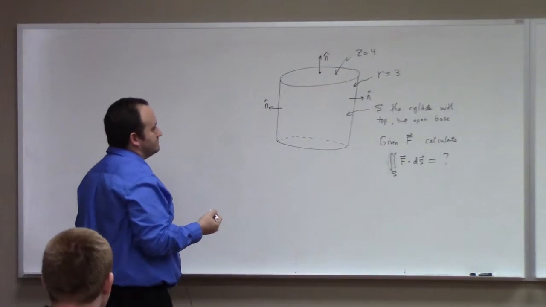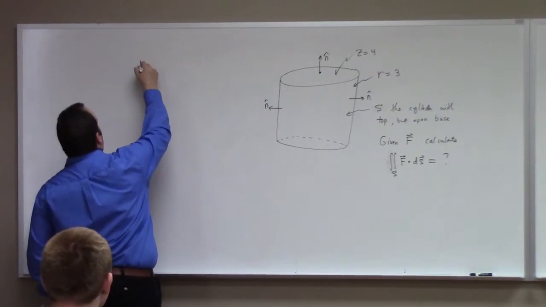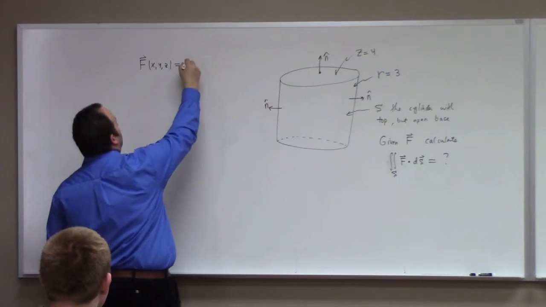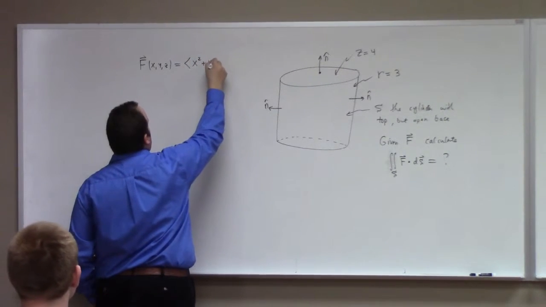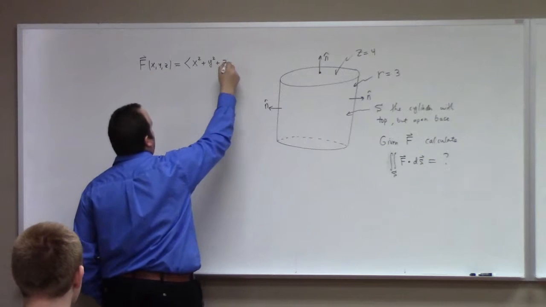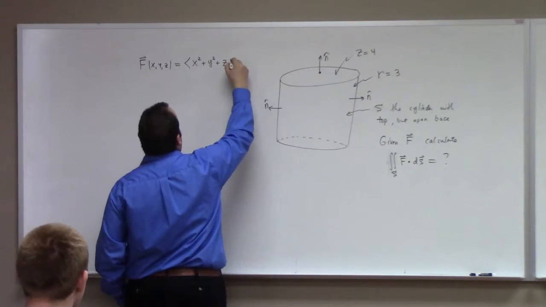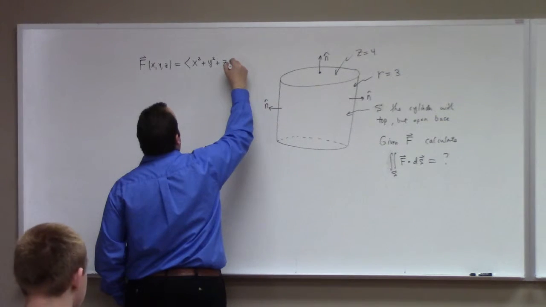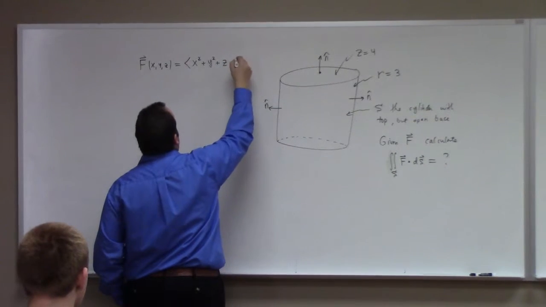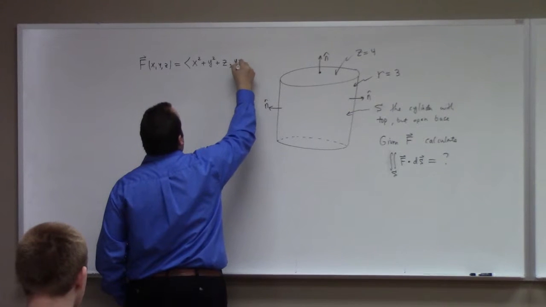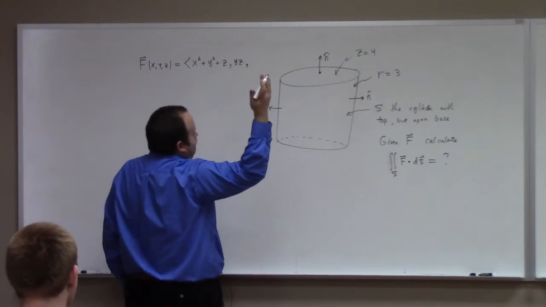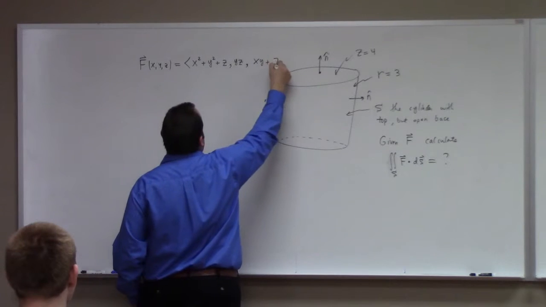And let's let the vector field F be, I don't know, x squared plus y squared plus z, and then yz, and how about xy plus 7? Sure, why not?